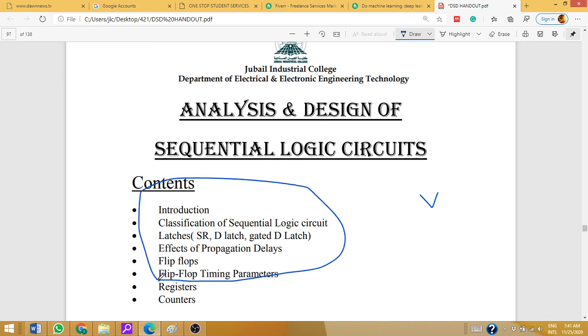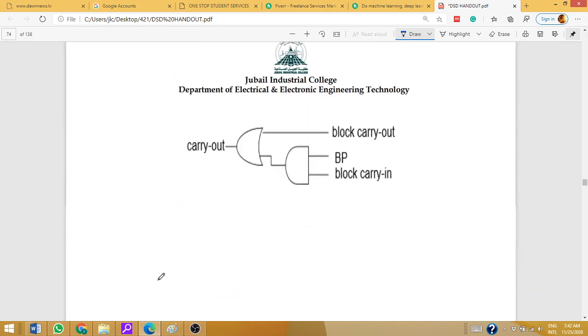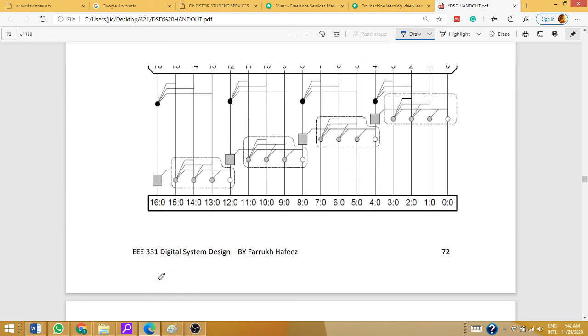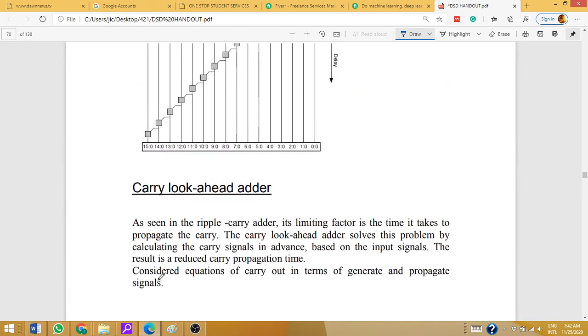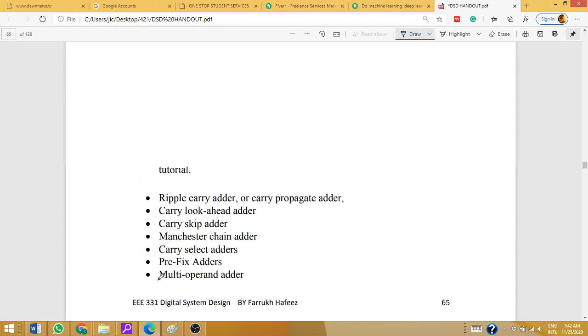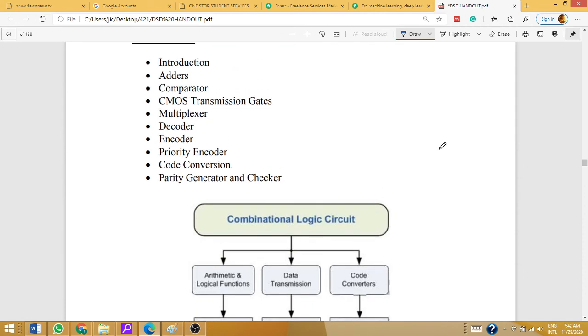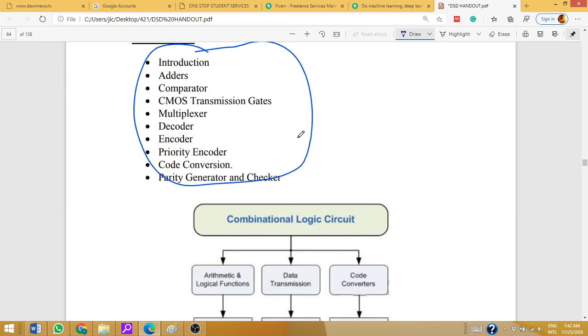This is the content of this sequential chapter. Also, whatever we discussed in the combinational circuits chapter is included. Let me show you the content. All these topics are included, so chapter 5 and chapter 6 until flip-flops.